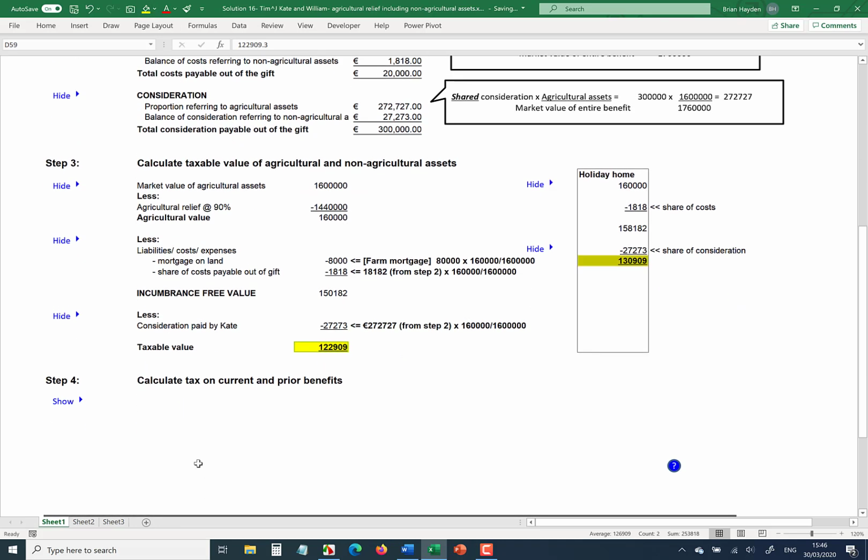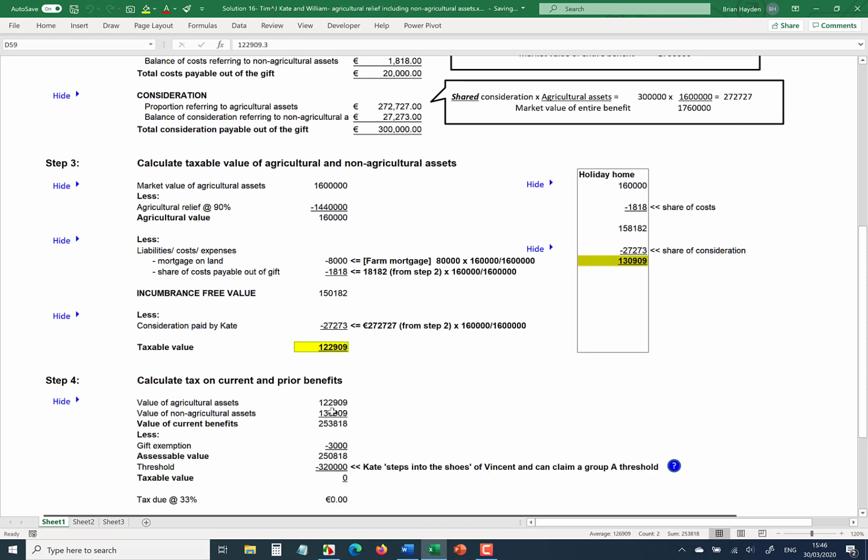So now with those values, we can determine the tax arising. So Kate's agricultural assets 122, her non-agricultural assets 130, that gives 253. Gift exemption of 3,000.